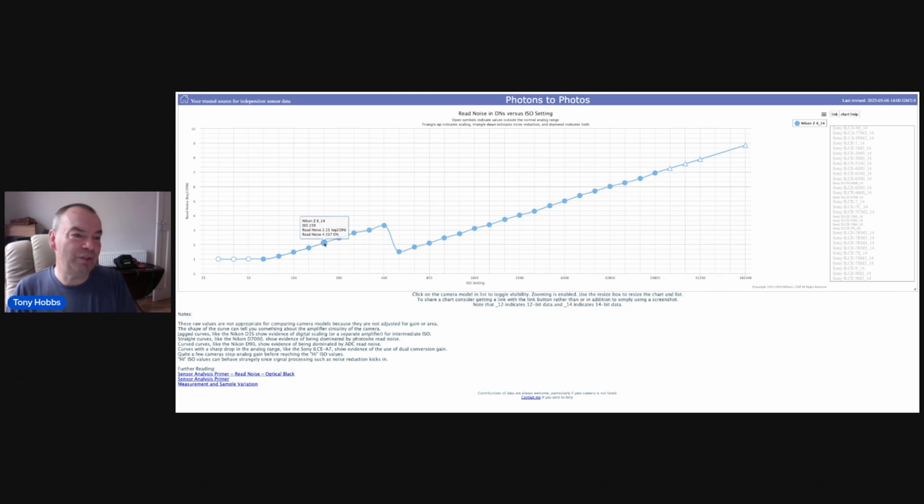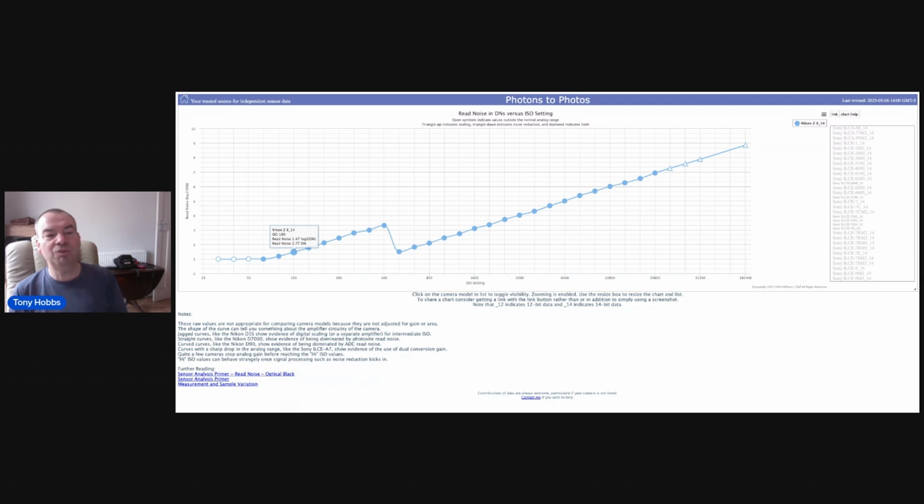So there is less noise at 500 than there is at 150. The amount of noise at 500 is 1.5 and 2.8, which is effectively an ISO of 100.